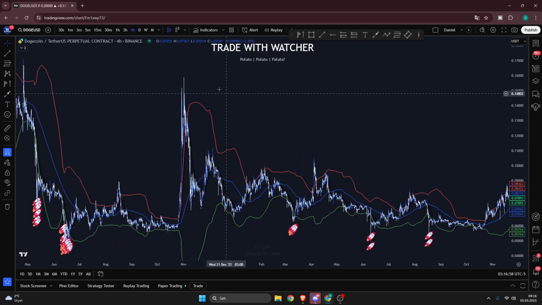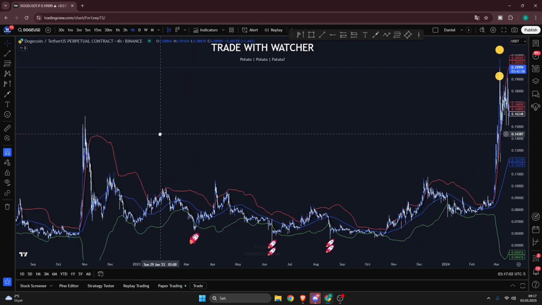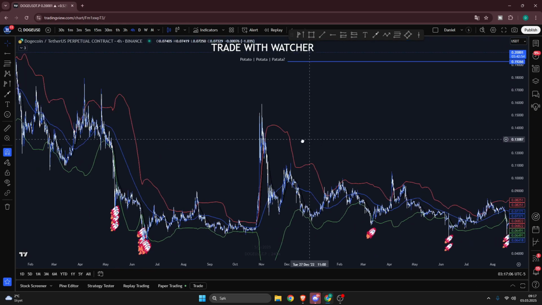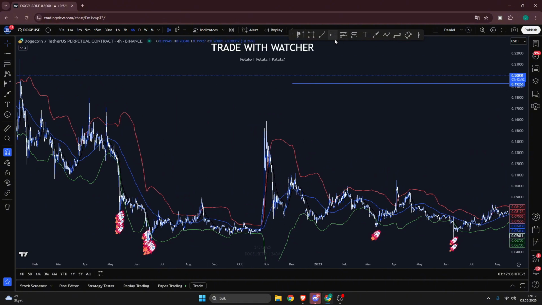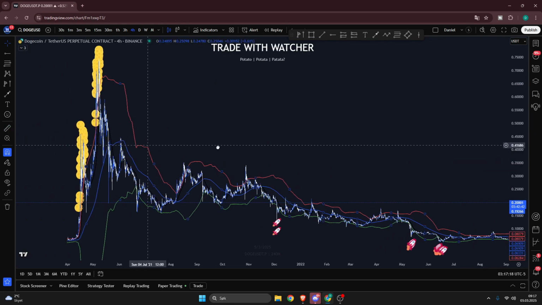And you can see if I... where is the moons in here? Can I actually see? I can mark it up though. So we have it here. It's around this point right here. So it would be from this low right here up to this high right here, right? That's about 273% gain on that trade.